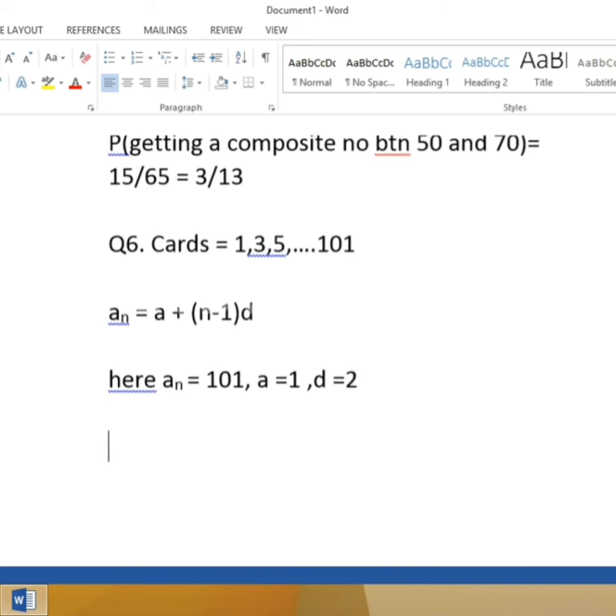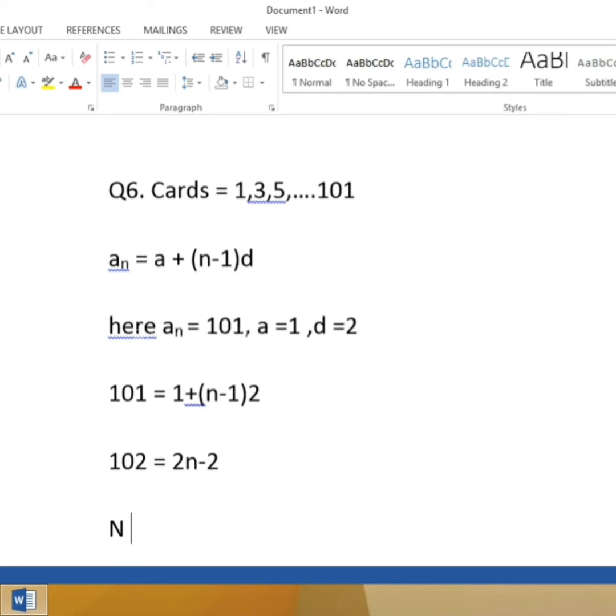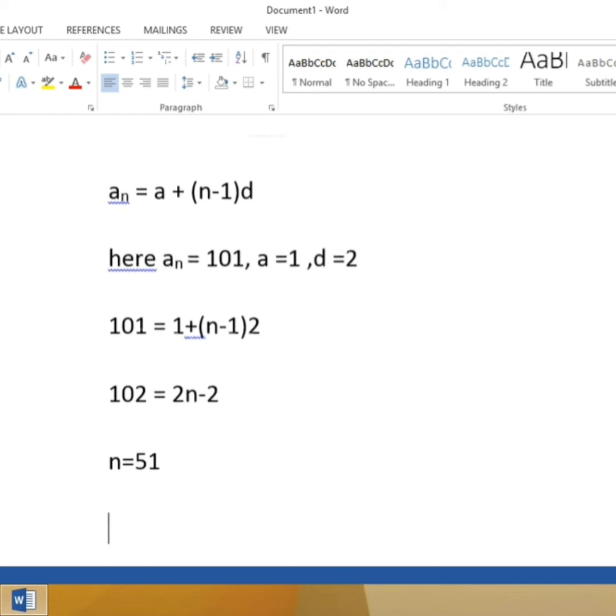By substituting all these values in the arithmetic progression formula, we get the value of n. The 1 goes to the other side, it becomes 102. So the value of n equals 51.